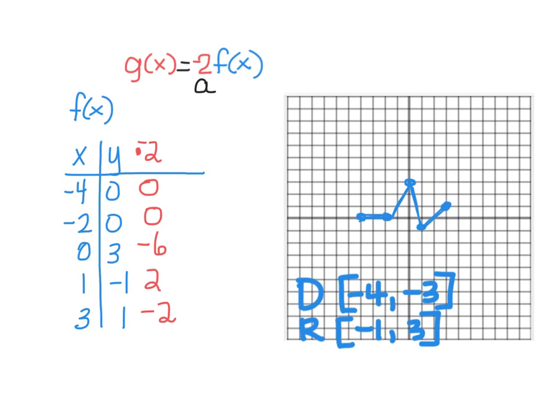So let's see what happens. I plot the point -4, 0, -2, 0, 0, -6, 1, 2, and 3, -2.